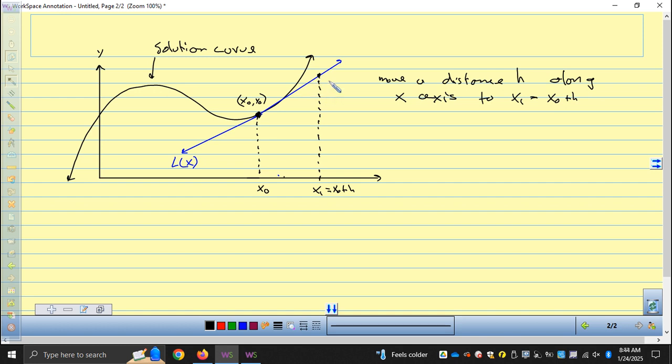And we're going to call this point x1, y1.